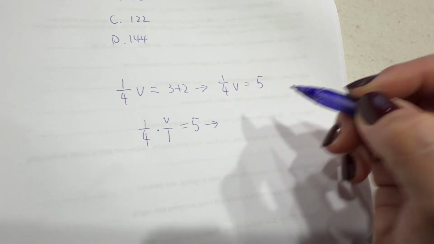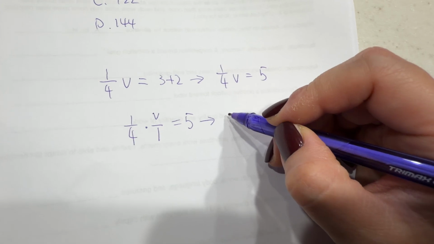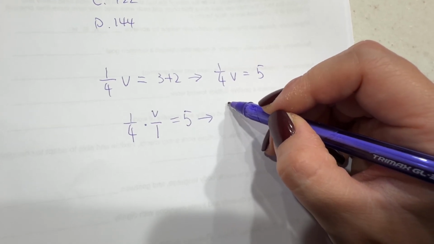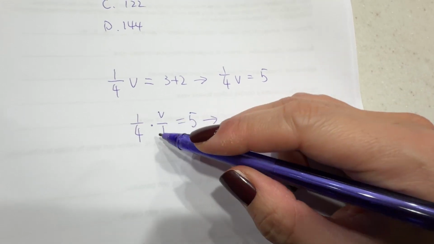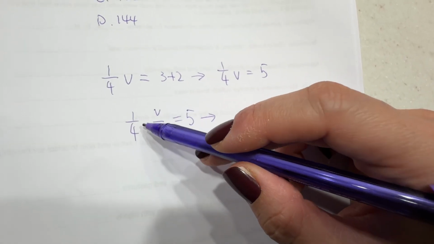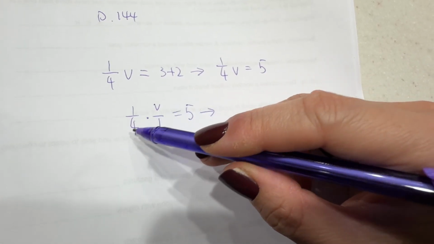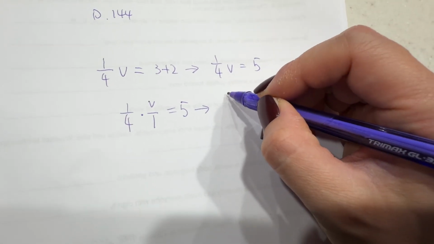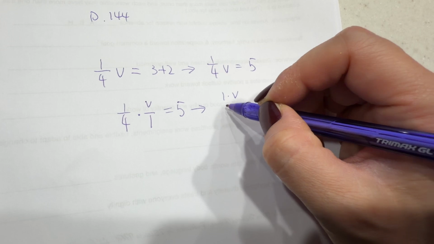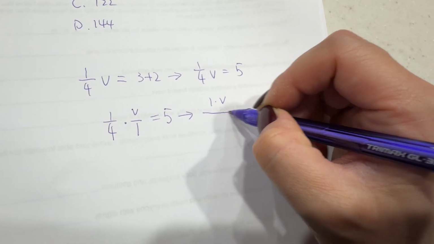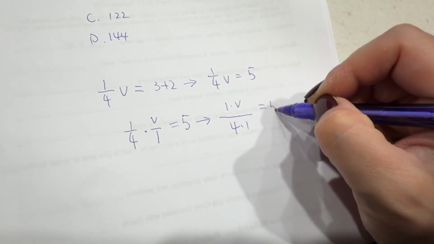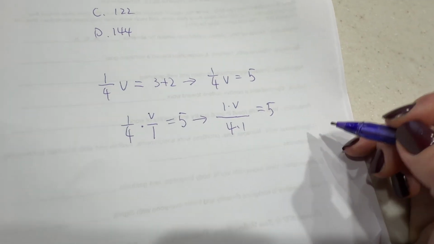Then we go to the conclusion that when we do fraction multiplication, it's numerator times numerator, denominator times denominator. So we have 1 times v on the numerator side over 4 times 1 on the denominator side equals 5. So what does this give me?